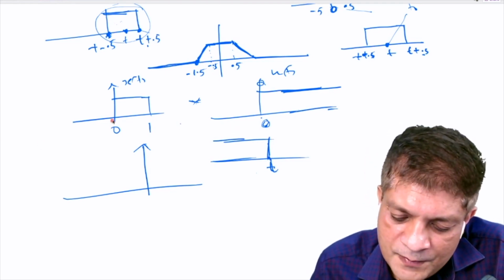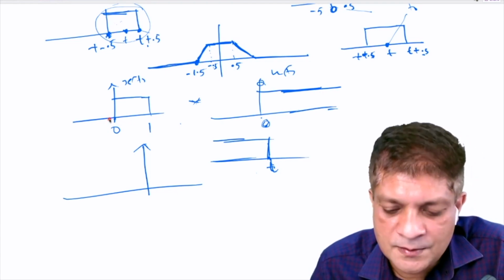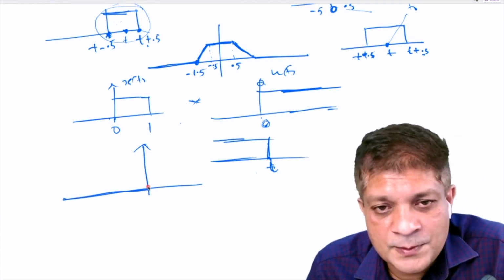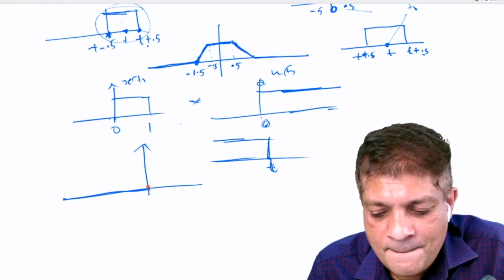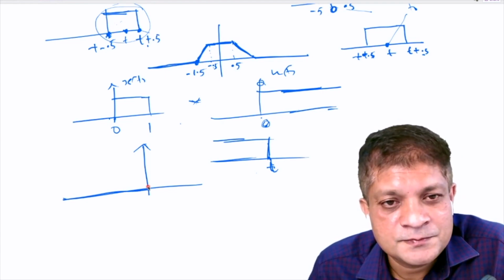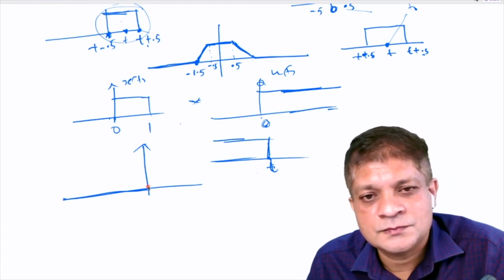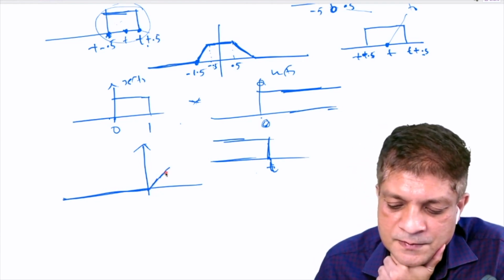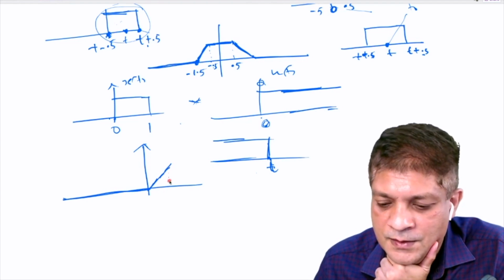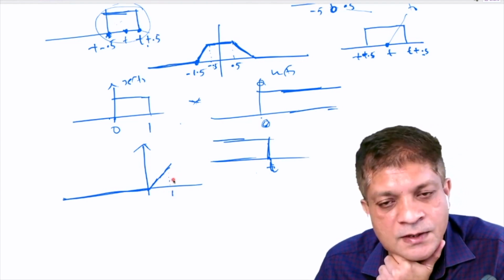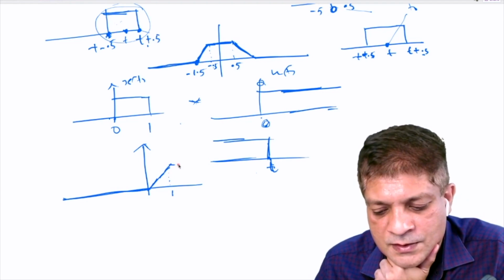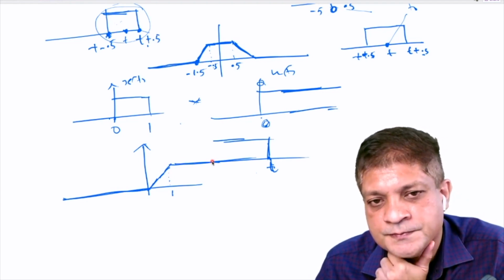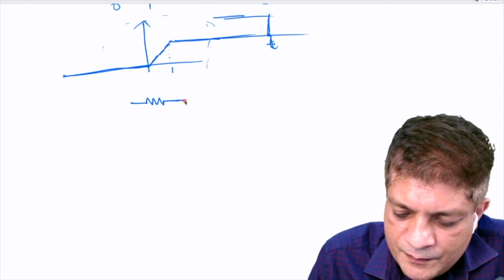Until this point reaches here, there will be no overlap. And then what will happen? It will increase linearly till 1. After that it remains a constant.